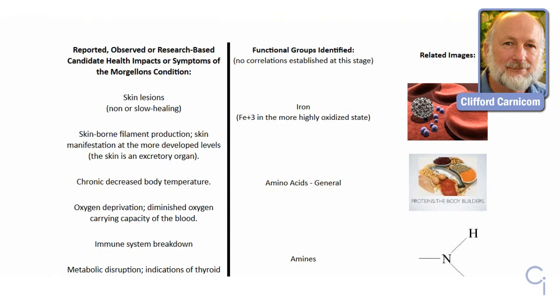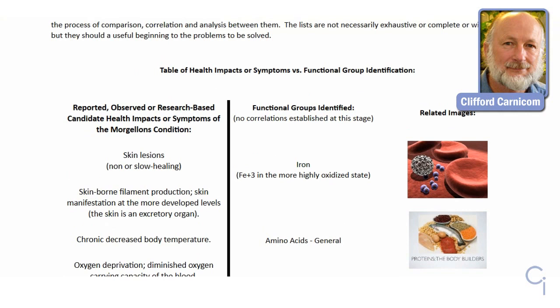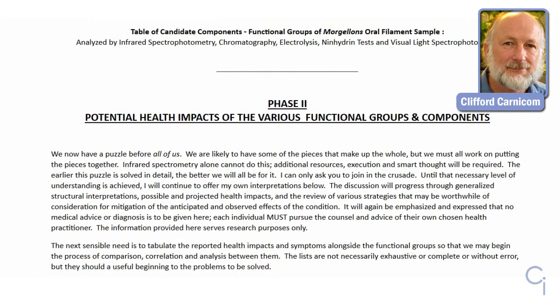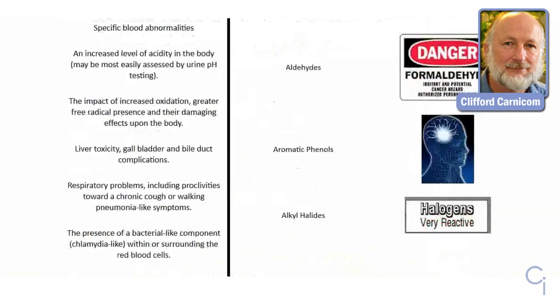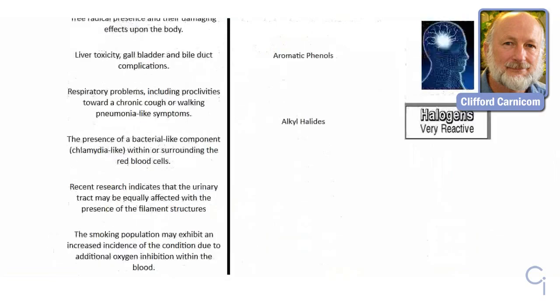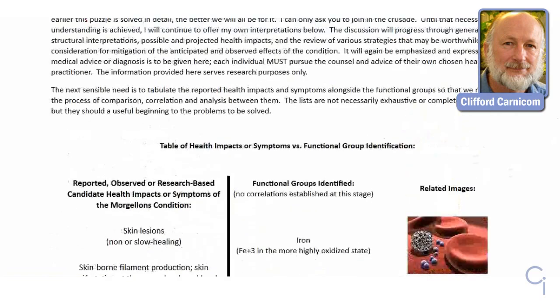On the right side, and this is now another parallel line of reasoning that's going to take place, is simply what are these functional groups that appear to be identified in this spectral work. And so I won't repeat them all, but this is a list that we just went through. And there will be 10 groups, 10 to 12 groups, or whatever they are. Okay? And so these two things sit side by side at this point. They just exist. On one side, you have a set of symptoms and health impacts that are reported in association with a particular condition.